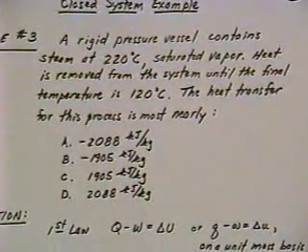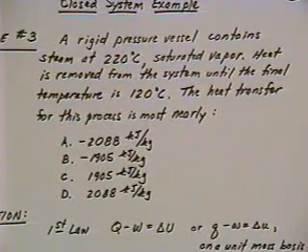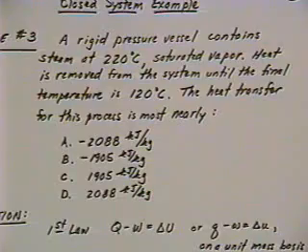Okay, so this is a closed system example. We've got a rigid pressure vessel that contains steam at 220 degrees C, saturated vapor. Heat is removed from the system until the final temperature is 120 degrees C. The heat transfer for this process is most nearly... Now, this is the way the problems are worded: almost every problem like this is worded "is most nearly," and there are 4 multiple choice answers, and you've got to select the one that is most nearly correct.